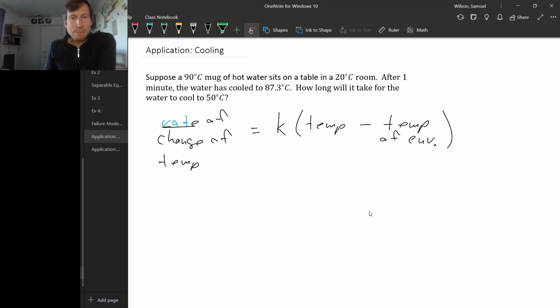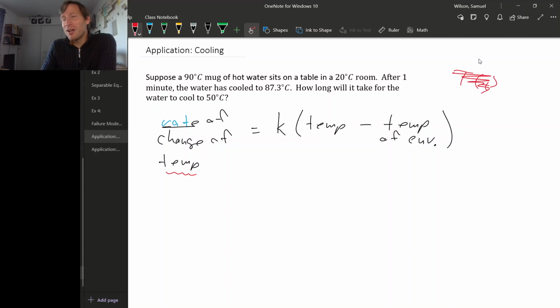Of course, the temperature of our mug of hot water is changing, so we're going to have some function here. Normally we would call it capital T, but the independent variable is time, which would be little t, so we'd have capital T of little t, which might be confusing.